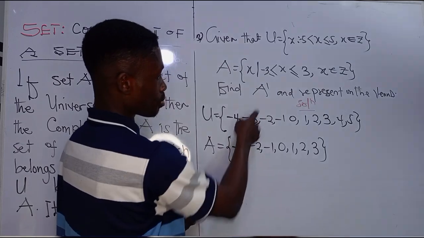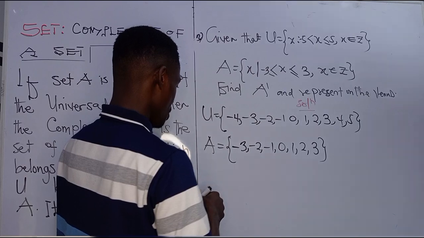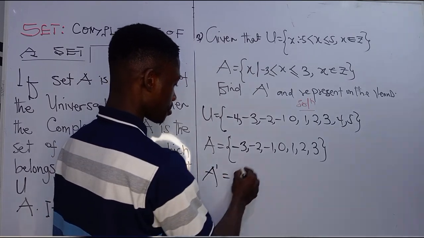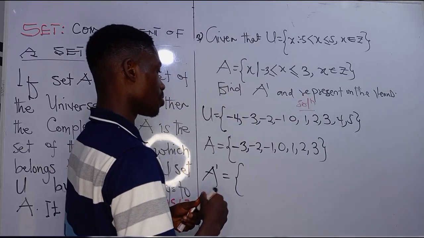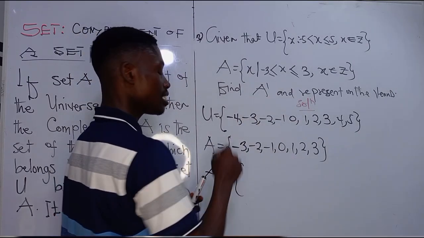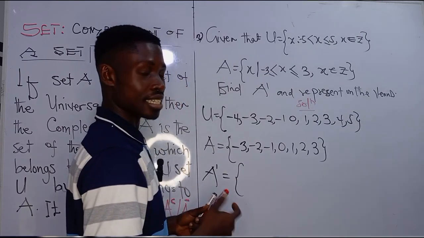The next thing we are supposed to do is find the complement of this set. The complement of set A, which is written as A prime, is all those elements that belong to the universal set but cannot be found in the subset A. As I said, we can use the cancellation method.